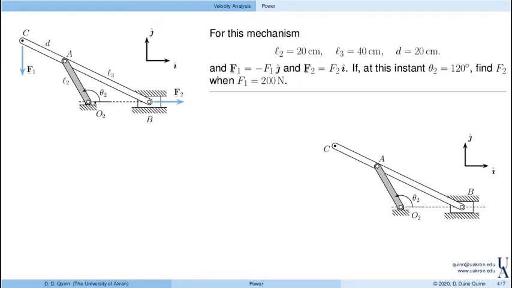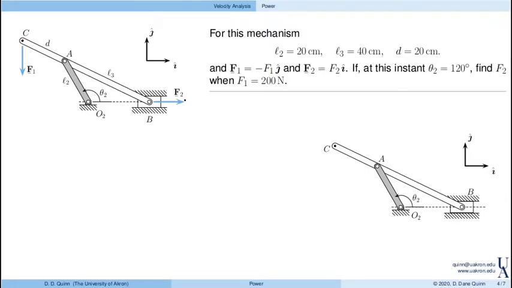But if you look at O2 to A to B, that's a fairly familiar slider crank kind of mechanism. Here, I want to apply a vertical force to the end C, and then I want to calculate the force that ends up applied to the slider. Here F1 is going to be 200 newtons, and I want to find F2.